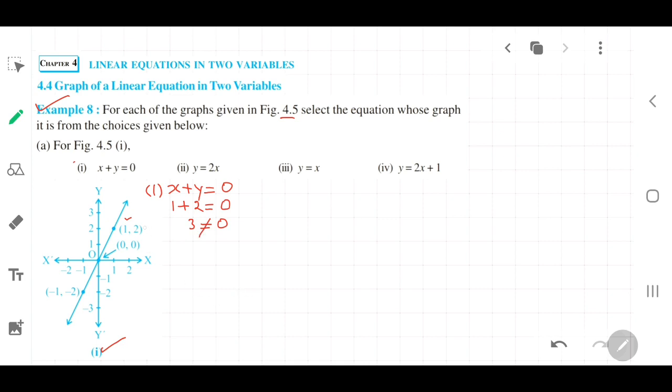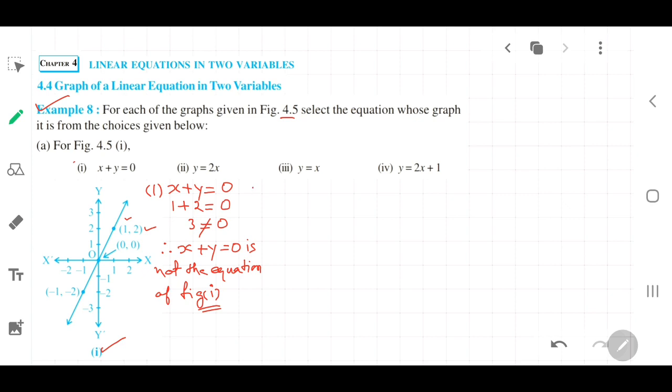So from one of these coordinates we understood that x plus y equal to 0 is not the equation. So you can write, therefore x plus y equal to 0 is not the equation. Correct? Not the equation of figure 1. Understood?